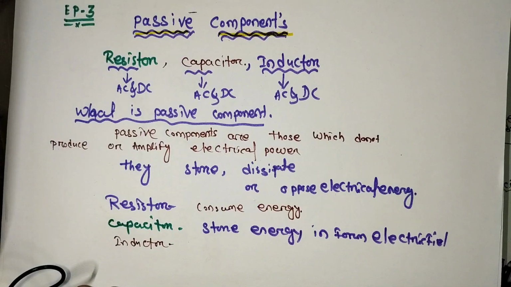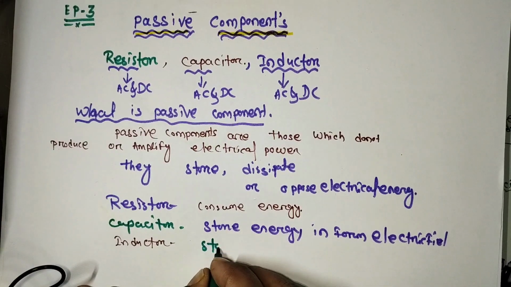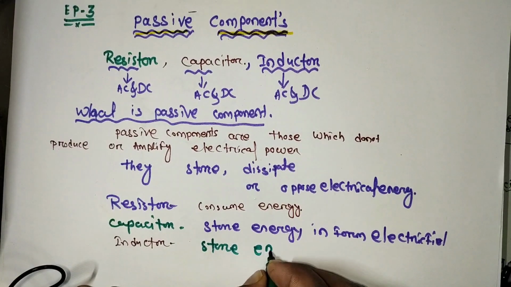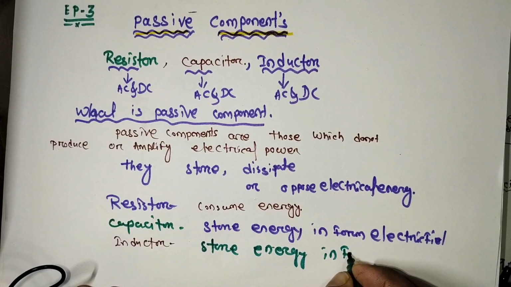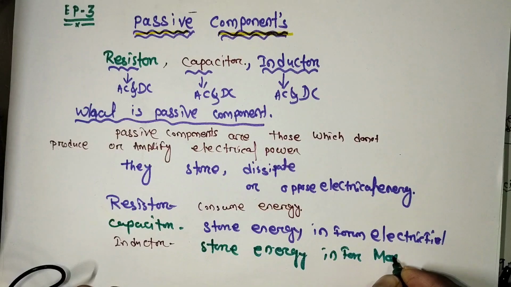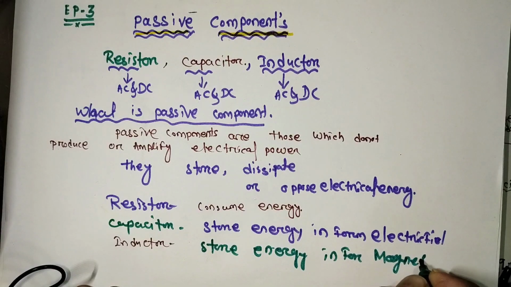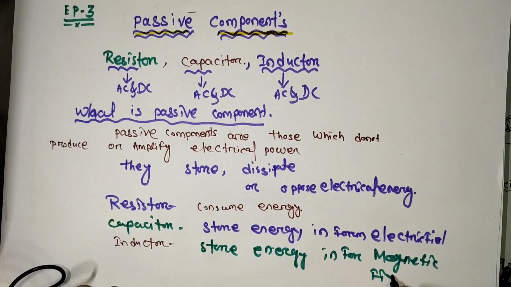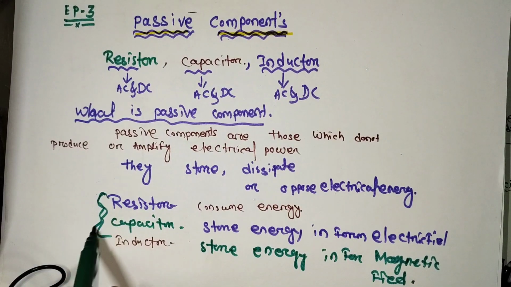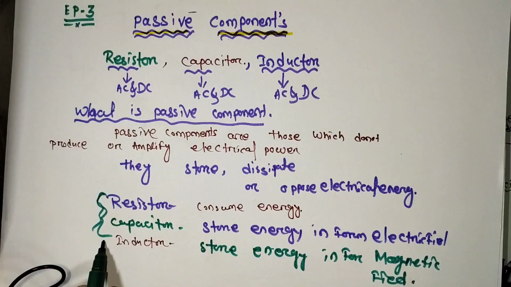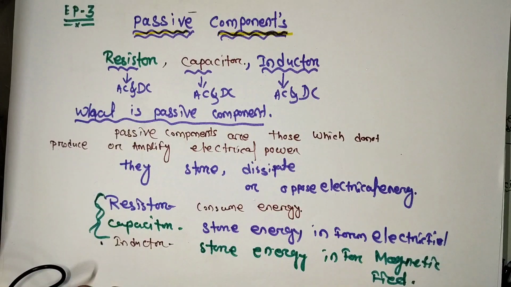Inductor always stores energy in the form of a magnetic field. Due to those properties, we are going to use these components in our analog or digital circuits, or any hardware design in electrical and electronics uses.